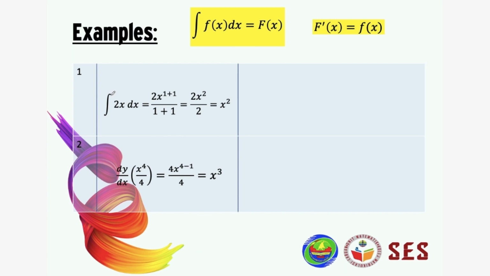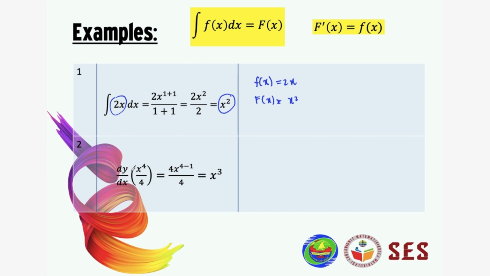So, let's say we integrate 2x dx and we'll get x to the power of 2. So, based on our formula, we know that our derivative from this equation is 2x and our antiderivative is x to the power of 2.